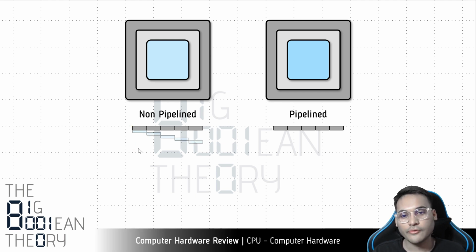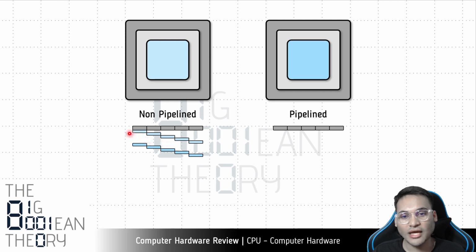Let's say there are 4 instructions in the program, and to execute any instruction, these 5 stages are required. In this vanilla non-pipelined CPU, until the first instruction is completed, the second instruction is not started. On the vertical axis we have increasing time, and in the horizontal direction we have the different stages.